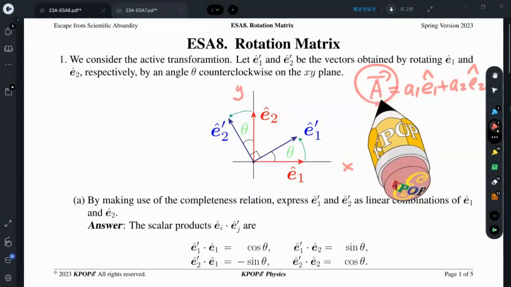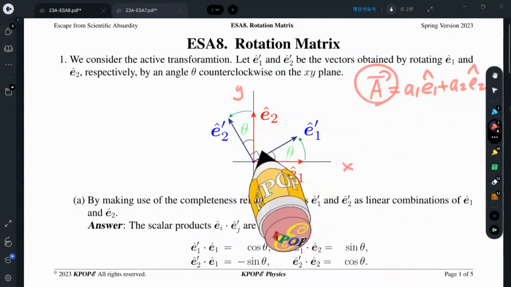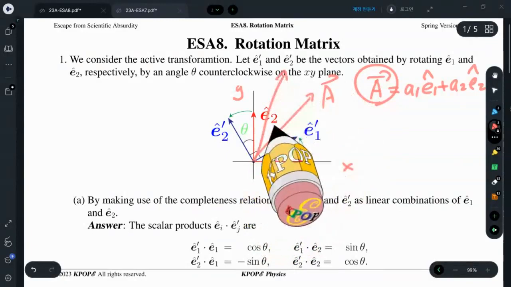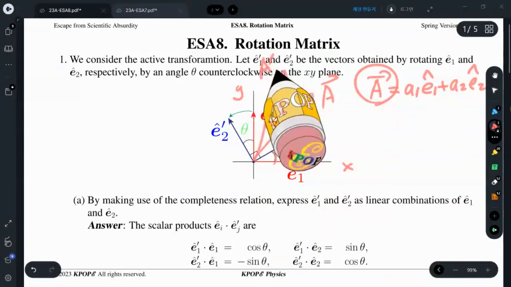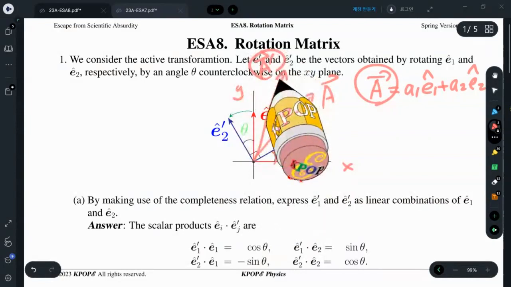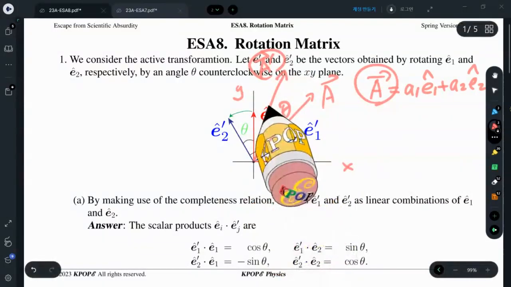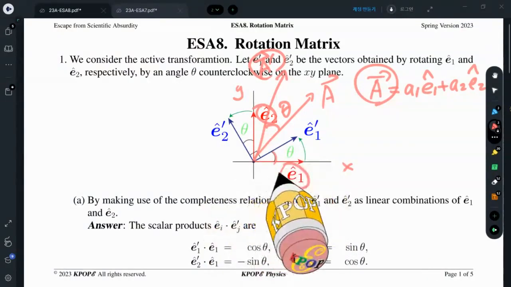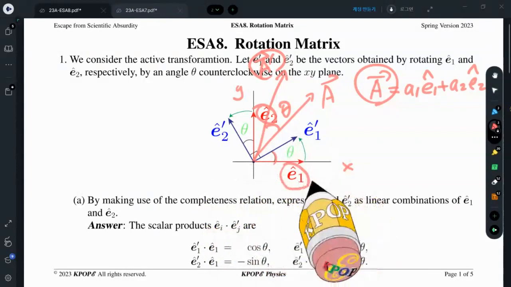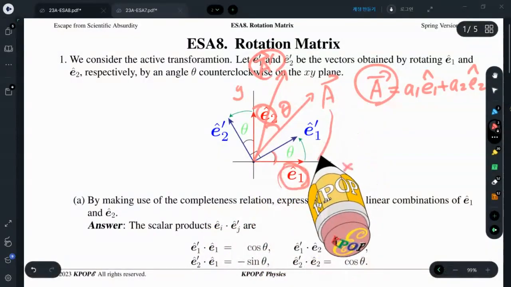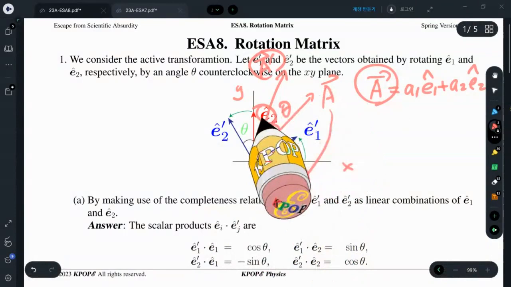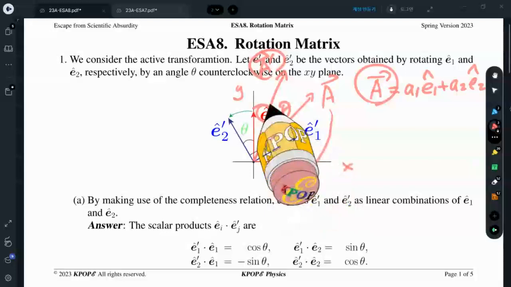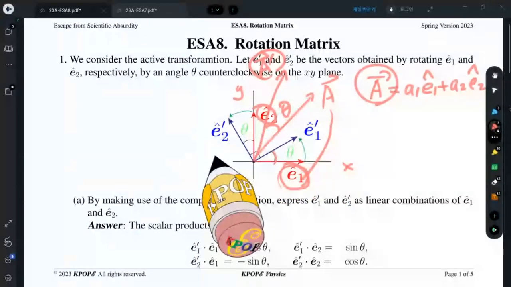If I rotate this vector by an angle of theta, for example, I have A, and if I rotate by this amount, theta, and I would like to find A prime in terms of original basis. That means after rotation, the relative direction of A relative to E1 and A relative to E2 is the same as A prime relative to E1 prime and A prime relative to E2 prime.